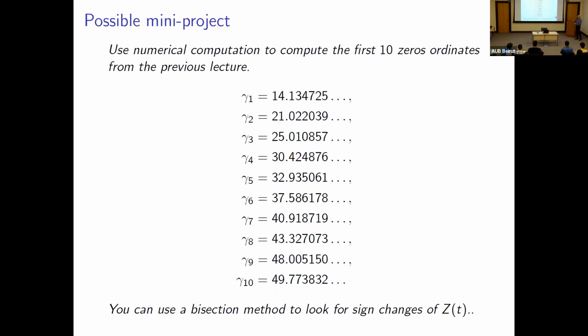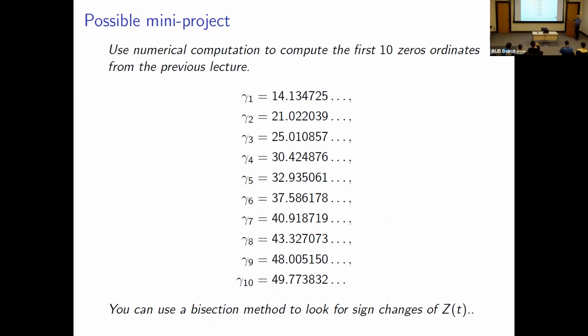yeah. Okay, right, so with the formulas that are on these slides, there's enough to detect the first 10 zero ordinates of zeta using sign changes of Z of t. So you can use Euler-Maclaurin summation, because to apply Riemann-Siegel, you could apply it and see what happens, but the explicit estimates you have for the remainder of Riemann-Siegel assume t is at least 200, right?